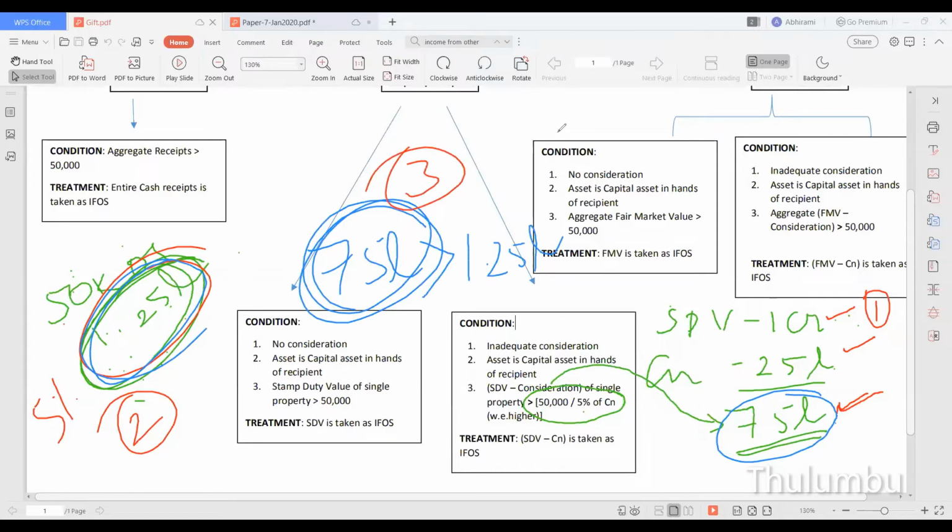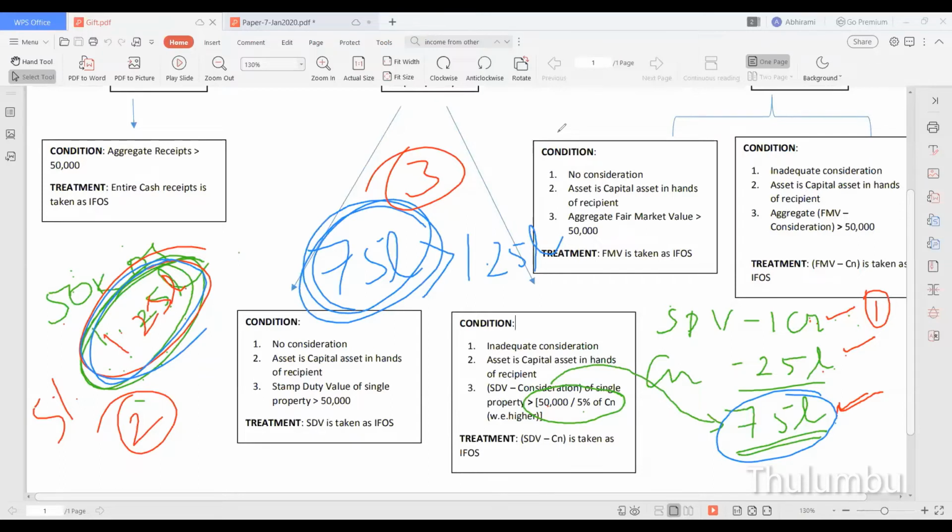So I will repeat. First step, find out the difference between stamp duty value and consideration. Second step, find out whichever is higher, 50,000 or 5% of consideration. Here 5% of consideration is 1.25 lakhs, so find which is higher.